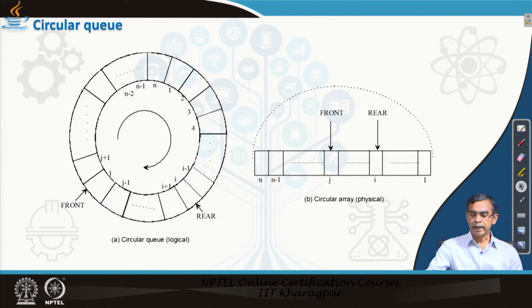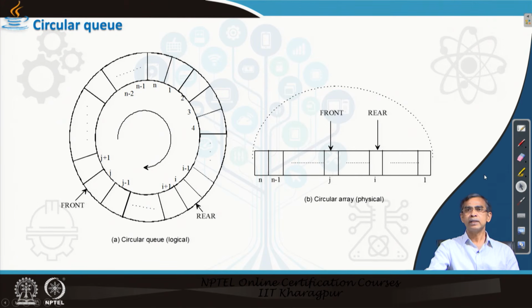So the idea is that whenever rear reaches the end, but some locations at the front are still available, we can move the rear to that and go on adding. It is the same for front also.